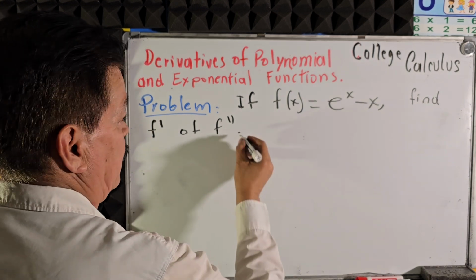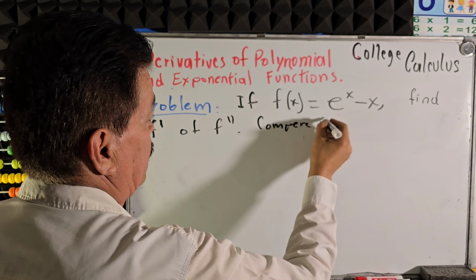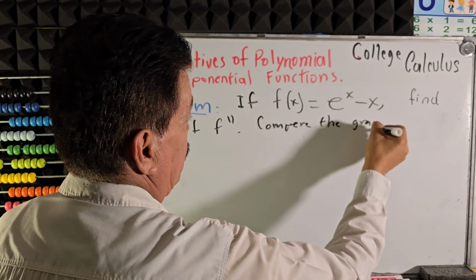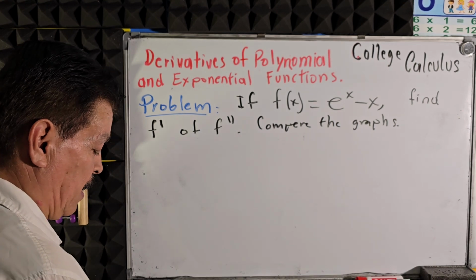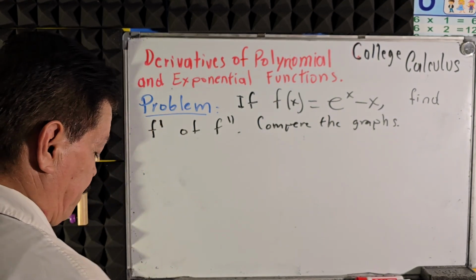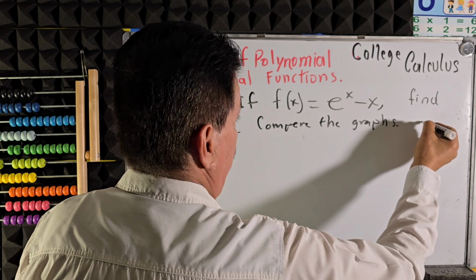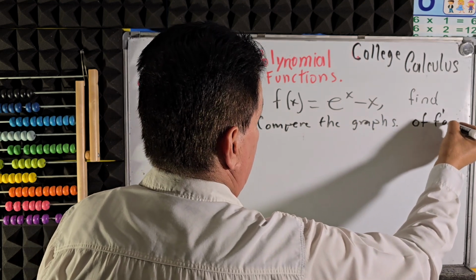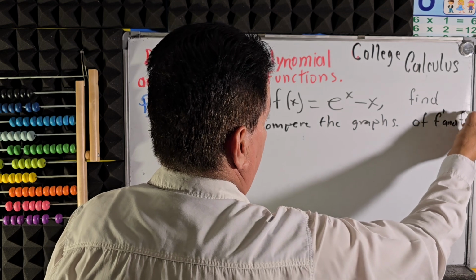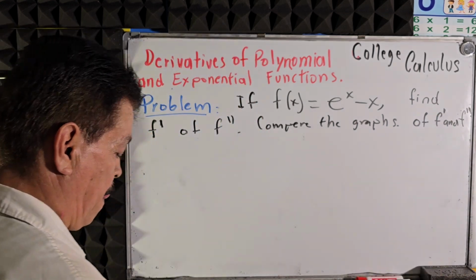And then compare the graph. So also we have to make a picture of the graph of f and f prime.